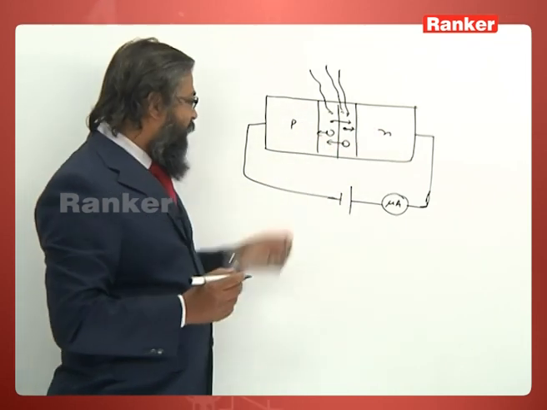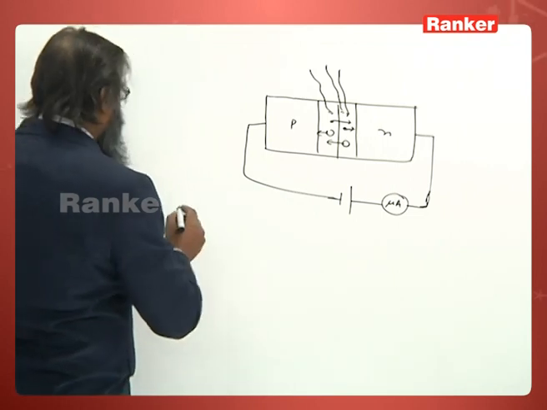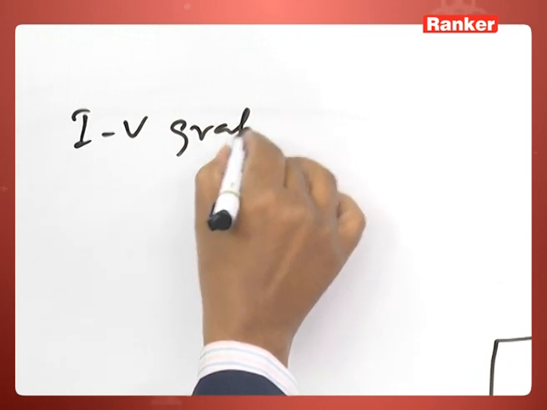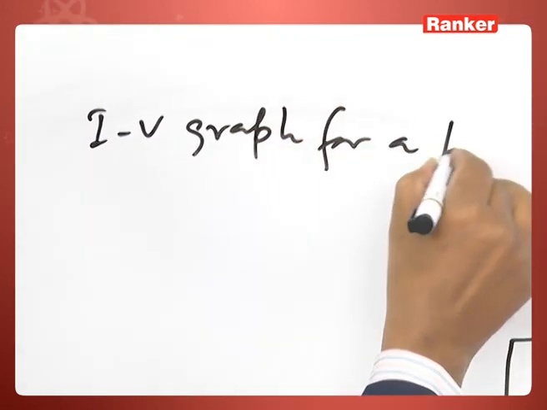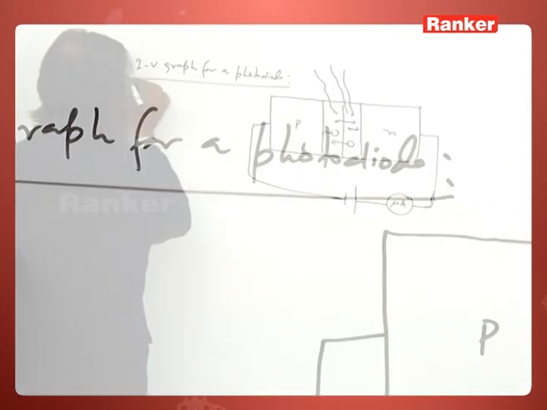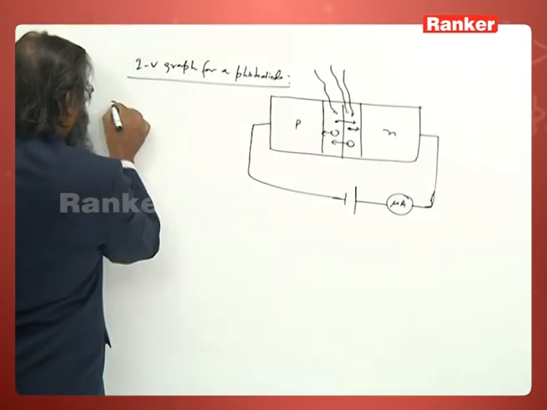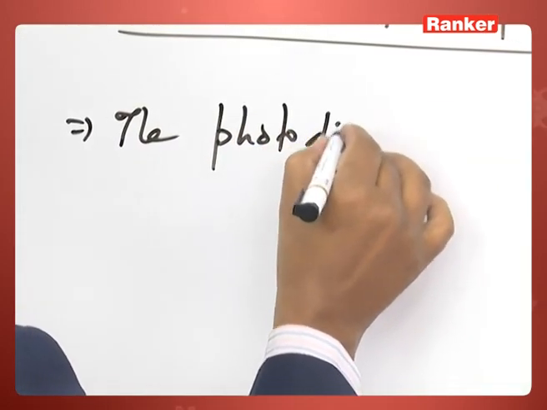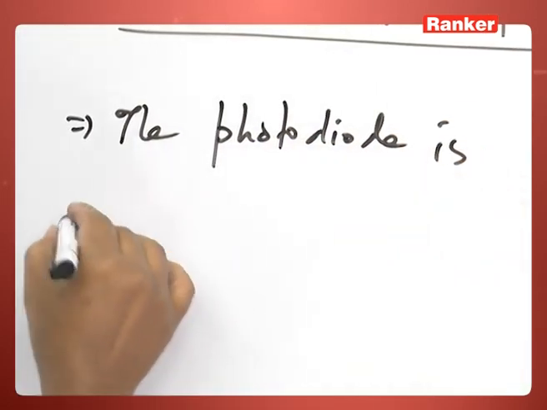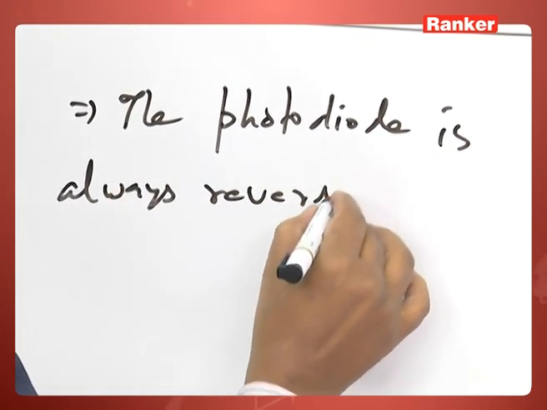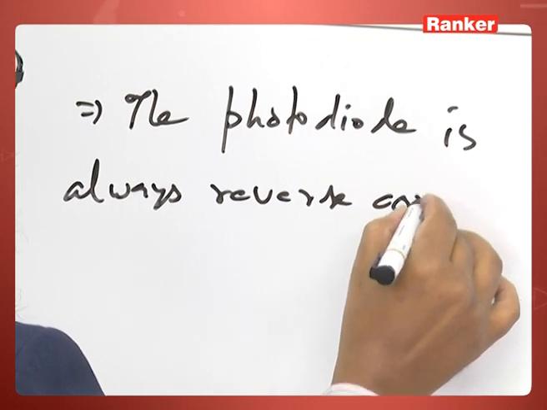And the characteristics of a photodiode, let us see the IV graph for a photodiode. This is very, very important. Number 1 point, let us write: the photodiode is always reverse connected.